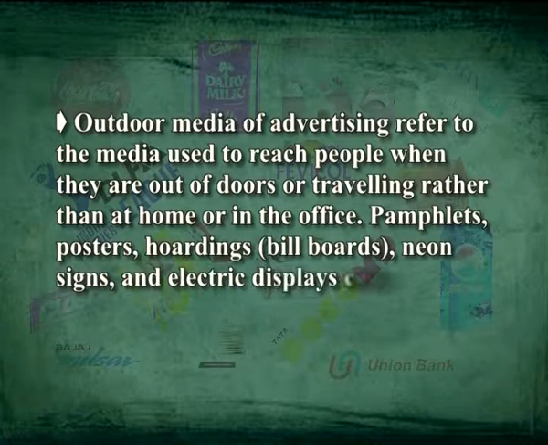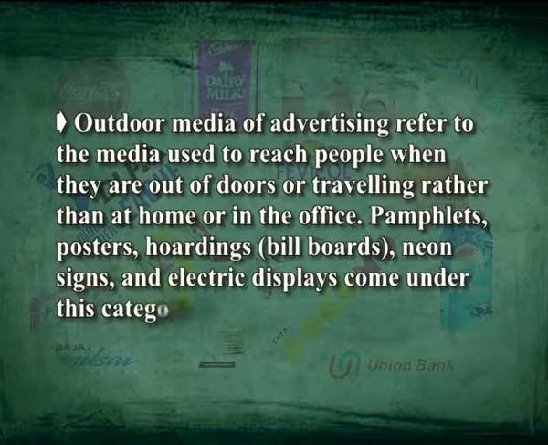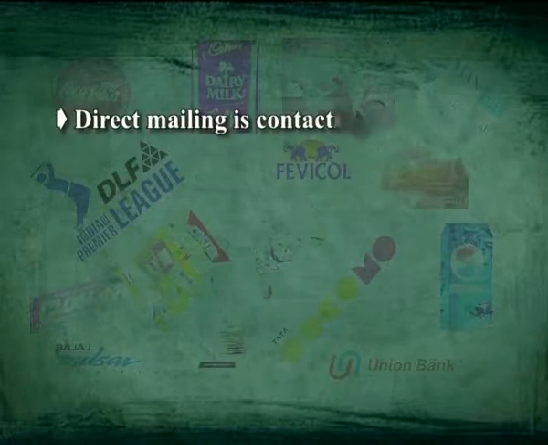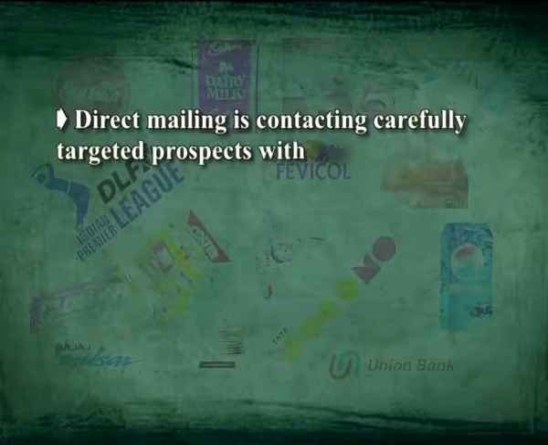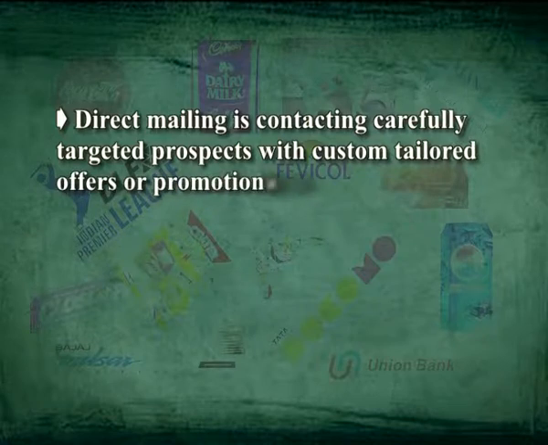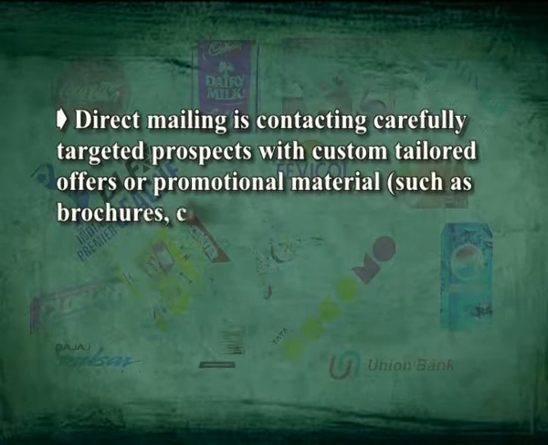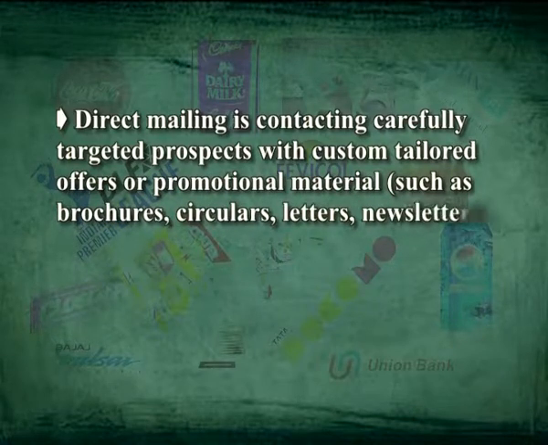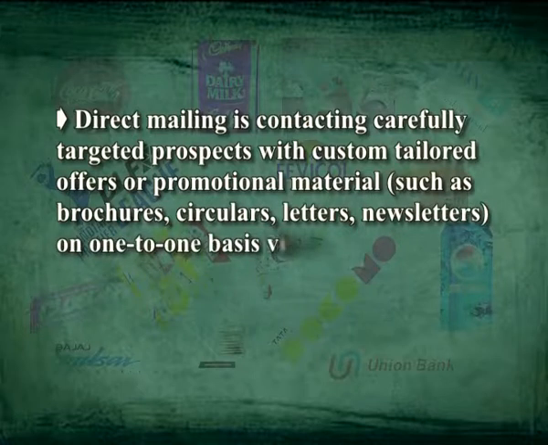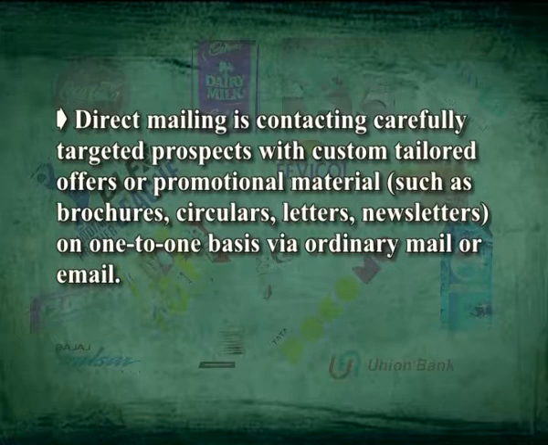Pamphlets, posters, hoardings, that is billboards, neon signs, and electric displays come under this category of media. Direct mailing is contacting carefully targeted prospects with custom tailored offers or promotional material, such as brochures, circulars, or letters, or even newsletters, on a one-to-one basis via ordinary mail or email.